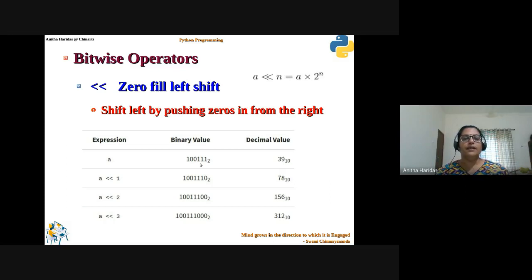This is the binary value of A, and the corresponding decimal value is also given here, right? Now, suppose imagine I give the zero fill left shift here. Now, what happens? The 0 will be filled at the right end, because you're going to shift it left.